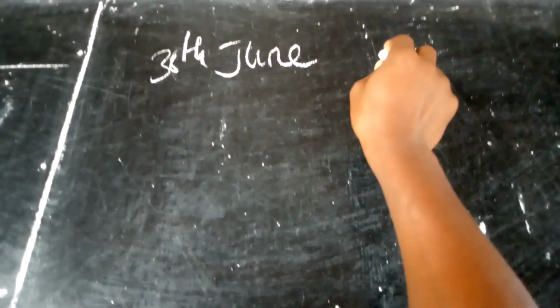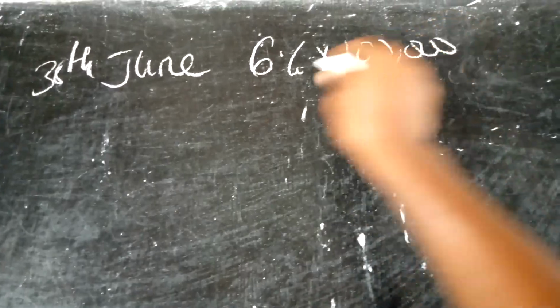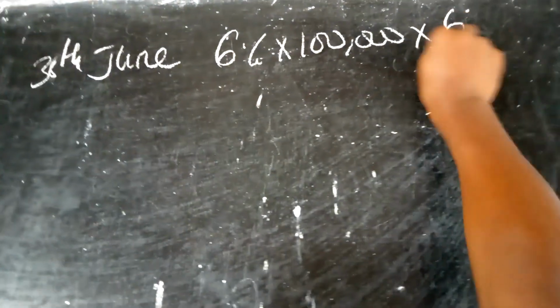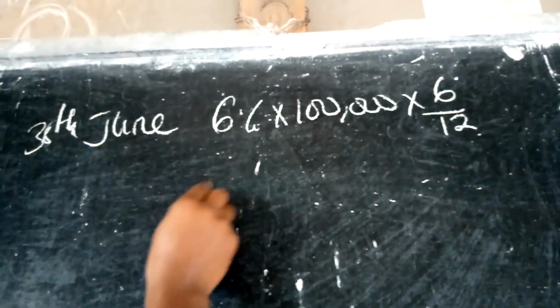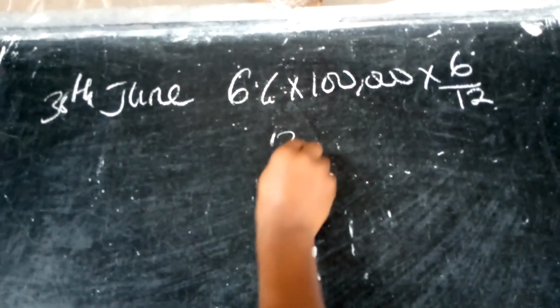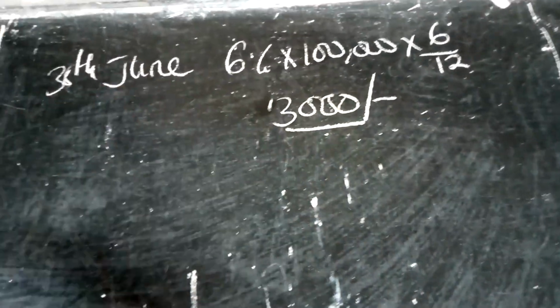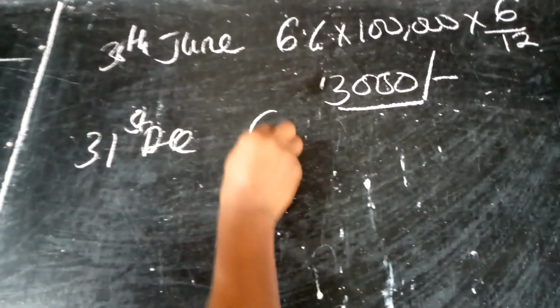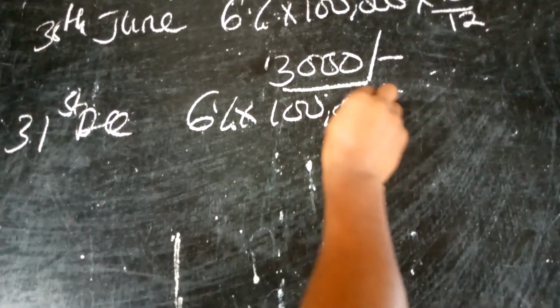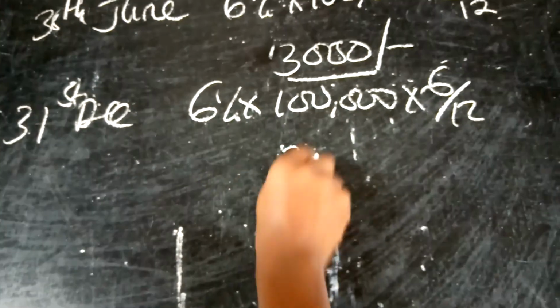On 30th June, we are going to receive 6% of the nominal value, but remember this is per annum, so we have to take 6 out of the 12 months, which gives us a figure equivalent to 3,000. So this is 3,000 that will be received on 30th June, and on 31st December we will also receive the same amount, which is 6% of the nominal value of 100,000 shillings times 6 out of 12, which is also 3,000.